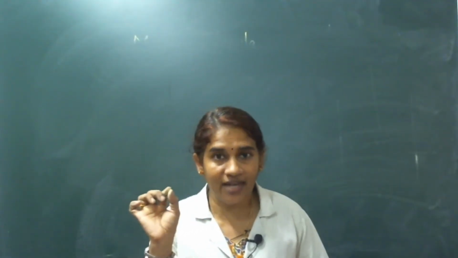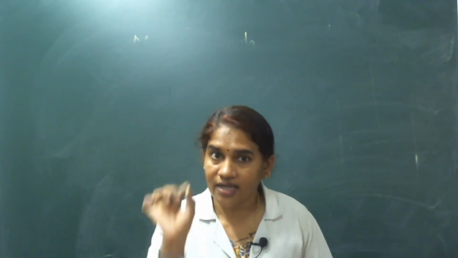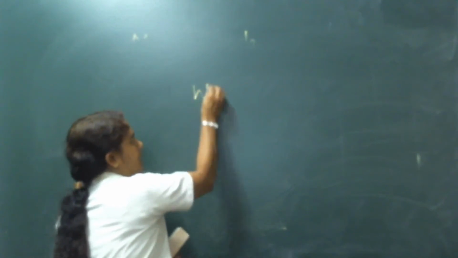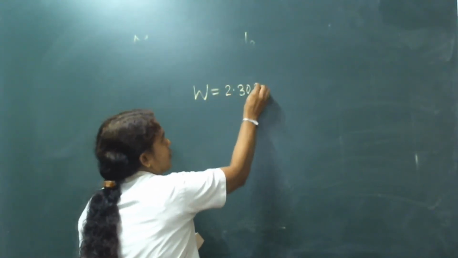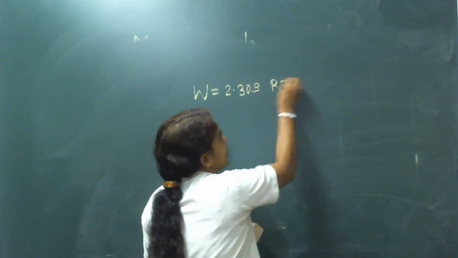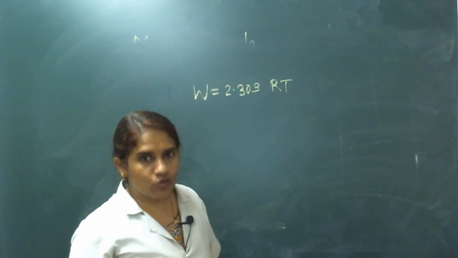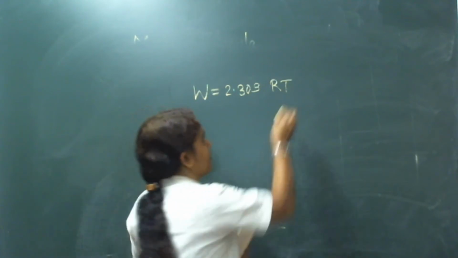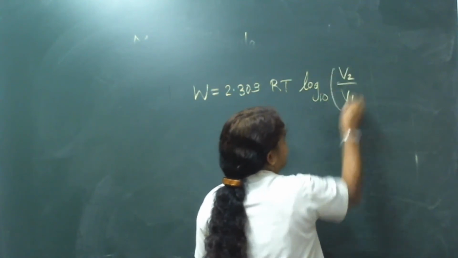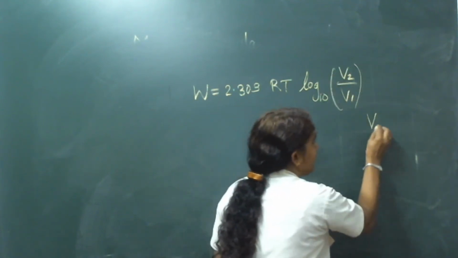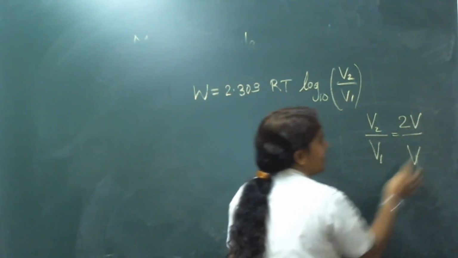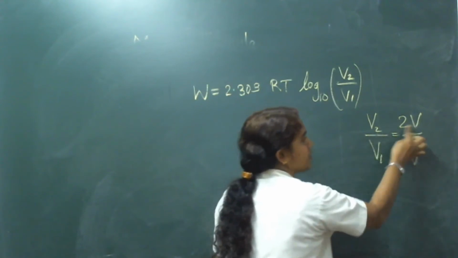Now, what do we have to calculate? Work done under isothermal condition. What is the formula for that? For isothermal, W is equal to 2.303 RT log to the base 10 V2 by V1. Now, what is V2 by V1? They said the volume becomes double the initial volume V, so the final volume is double the other one.